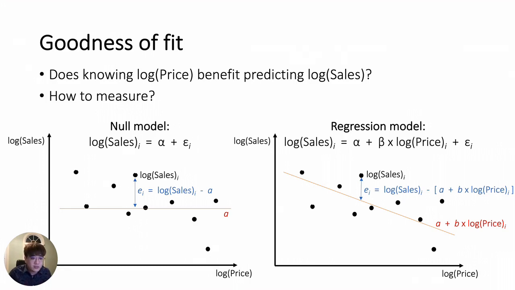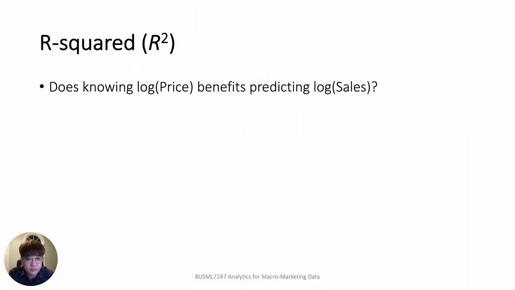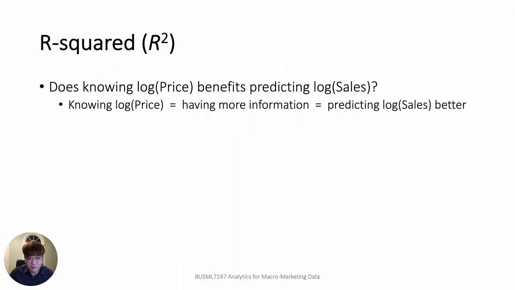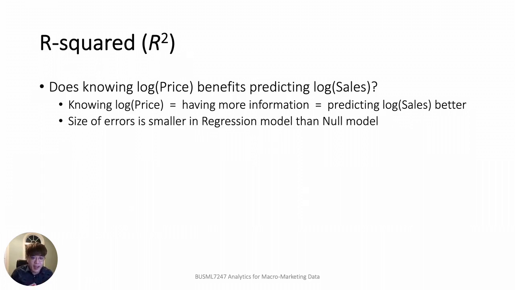Then we can measure the size of errors for each model. If the independent variable, the log price, is really informative to predict the dependent variable, the log sales, the regression model's errors are much smaller than the null model's errors. So, by the comparison of the size of errors, we can measure how knowing the independent variable benefits the prediction.